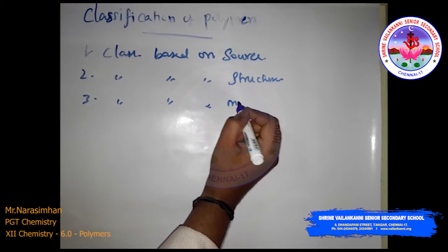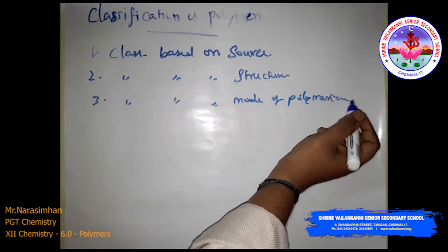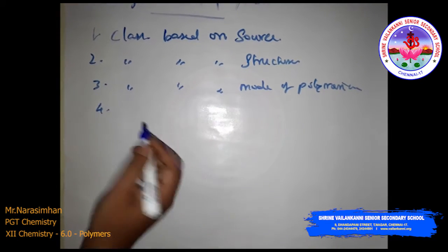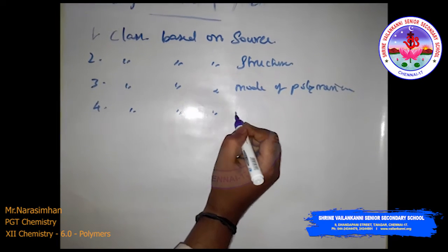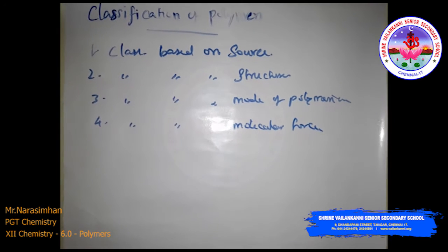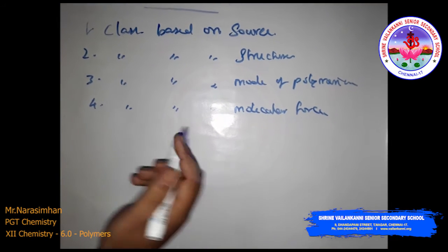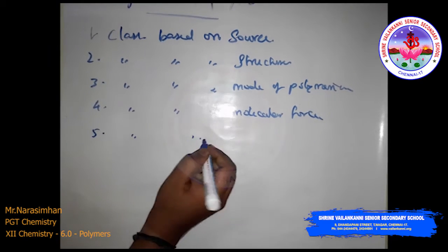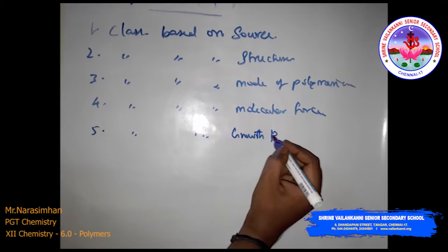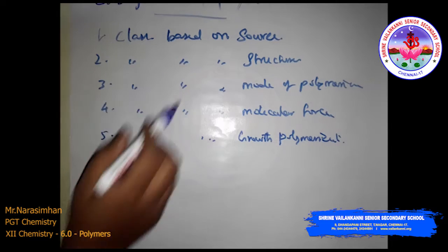The fourth is classification based on the molecular force. The last one is classification based on growth polymerization. So these are the classifications of polymers.